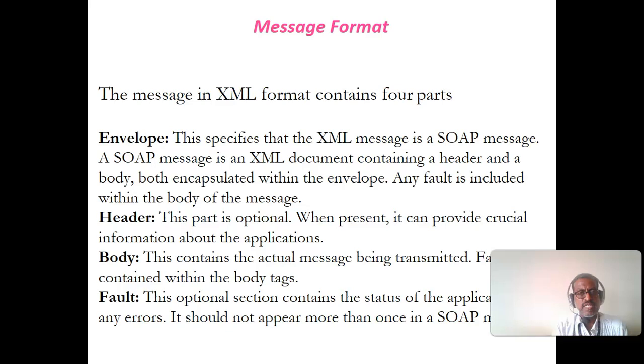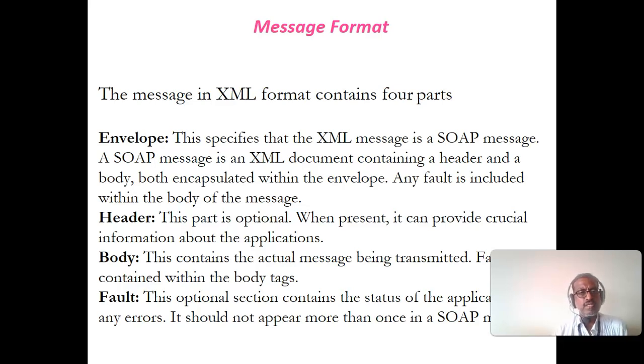The SOAP message is an XML document that contains header and body, just like an email, right? You can correlate these things to email communication. In email also we have the envelope. So, as far as the SOAP message is concerned, it also contains a header and body, and both are encapsulated within the envelope.